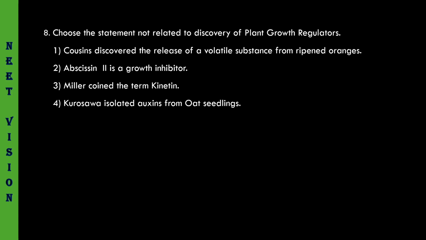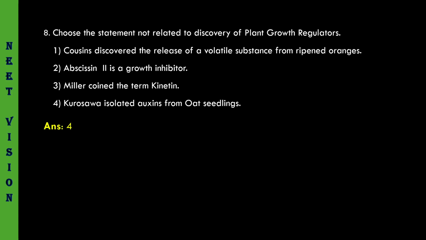He cultured the fungus and from the filtrate he obtained gibberellins but not auxins. So the fourth one is not at all related. The fourth option must be the incorrect one, not related to the discovery of plant growth regulators.